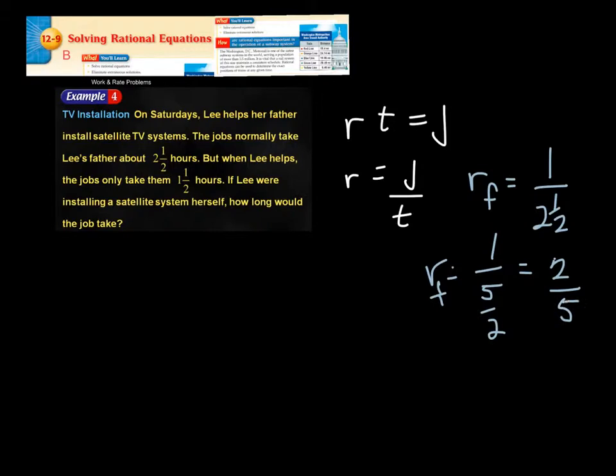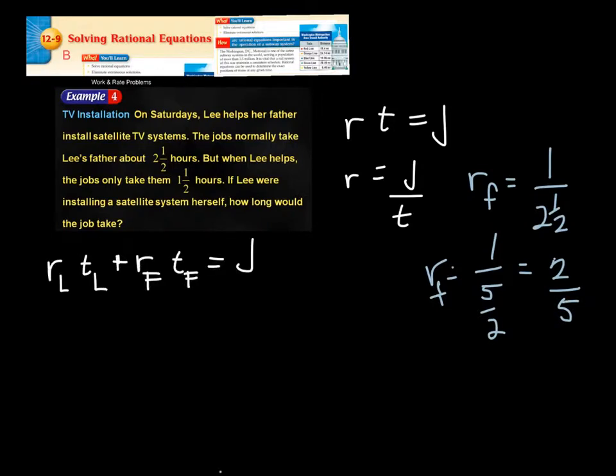We could easily solve the equation for R, or rate, and say that rate equals jobs over time, or jobs per hour. In this problem, we know that it takes Lee's father 2.5 hours to do one job. So one job, 2.5 hours. We could simplify that. 1 over 5/2 would be the same as multiplying by the reciprocal, so 2/5.